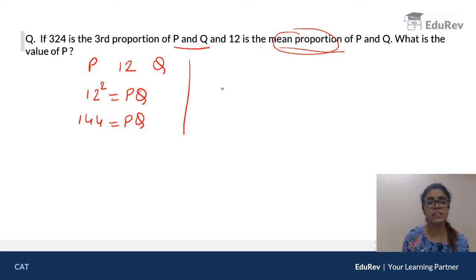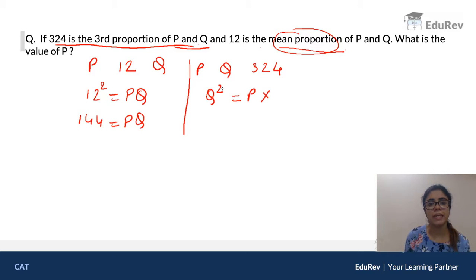Now in the first case, they are saying 324 is the third proportion of p and q. What does that mean? P, q and your third proportion is 324. So can I say q square is equal to p into 324? Correct?